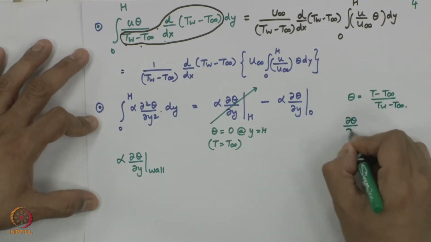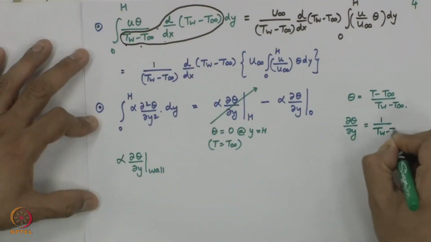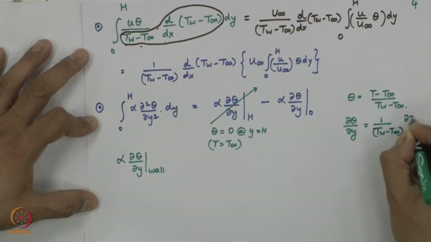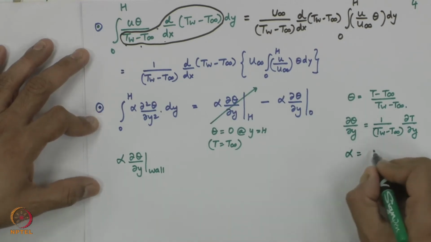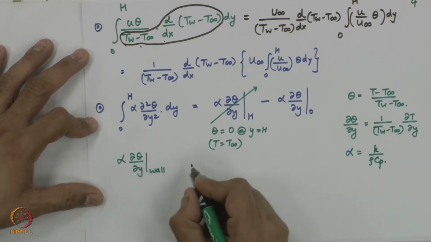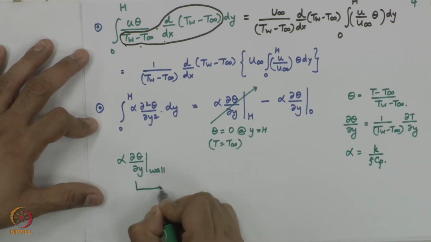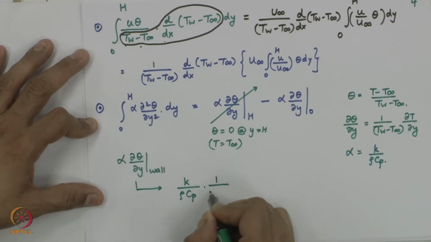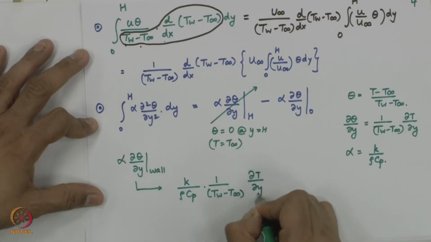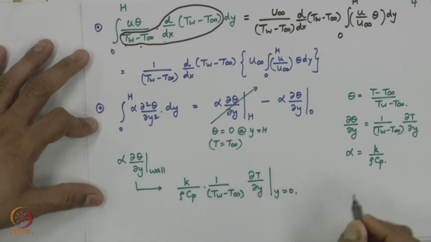So, d theta by dy is nothing but 1 by T wall minus T infinity dT by dy. Is that right? Correct. What is alpha? Alpha is k over rho Cp. So, this quantity is nothing but k over rho Cp, 1 over T wall minus T infinity, dT by dy evaluated at the wall.